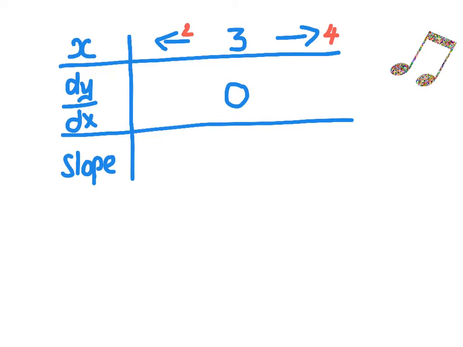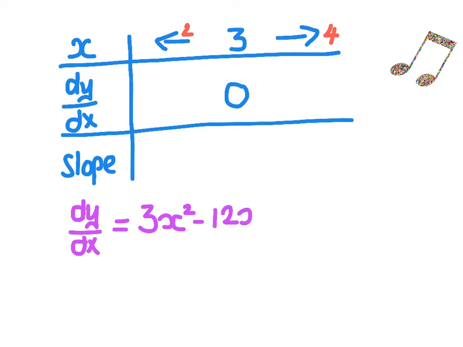So remember, when I'm substituting now, I'm not substituting into the original function, I'm using the derivative, which was 3x squared minus 12x plus 9.